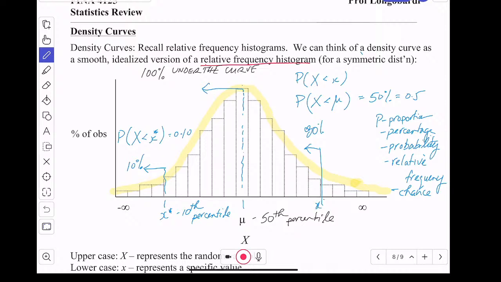What do I call X star star? I'm not sure how you say it in Spanish, percentile.